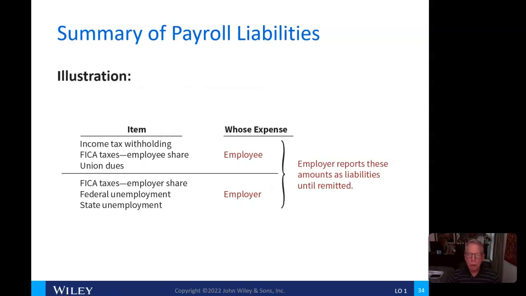Okay, so the summary, I'm going to be looking at payroll liabilities. We have our income tax withholding, FICA taxes, the employee share, union dues, and there's going to be other withholdings too.